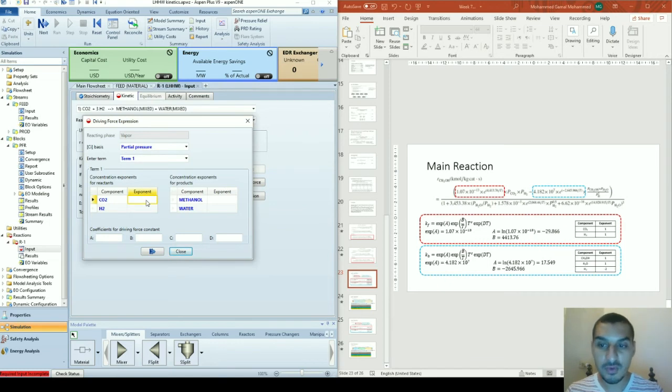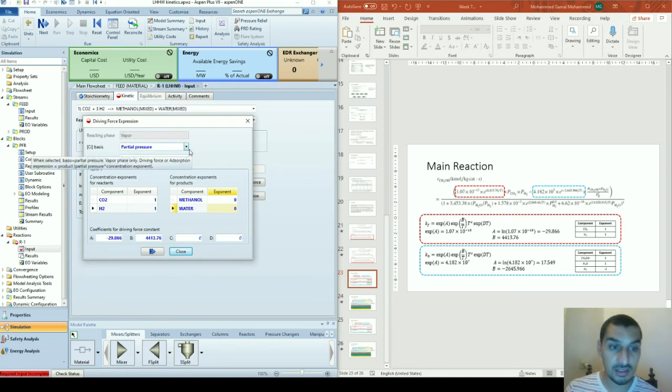I have the exponents: carbon dioxide is 1, hydrogen is 1, methanol is 0, and water is 0. And the coefficients for term number 1 are A equals -29.866, B equals 4413.76, and C and D are equal to 0.